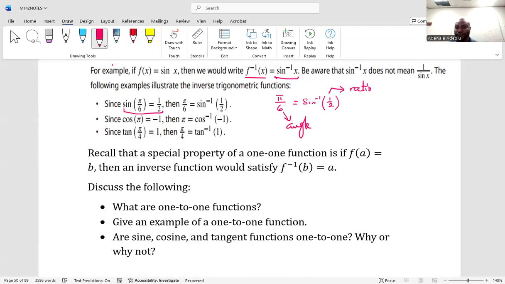Unlike what we had for, say, something like this, sine of pi over 6 is 1/2. So for the trig function itself, the domain is angles and the range is ratio. I hope you can differentiate between the two.